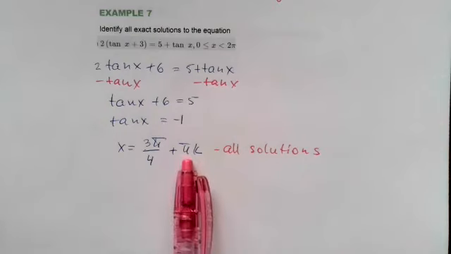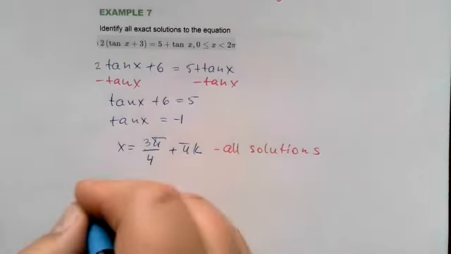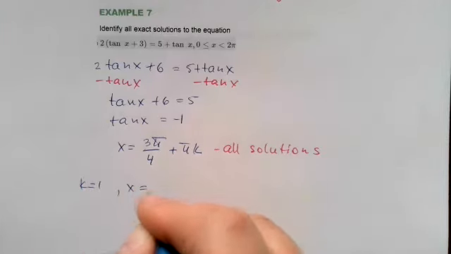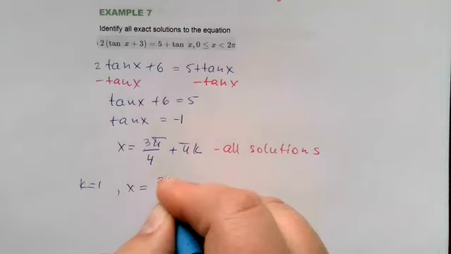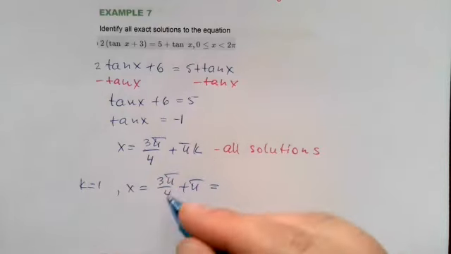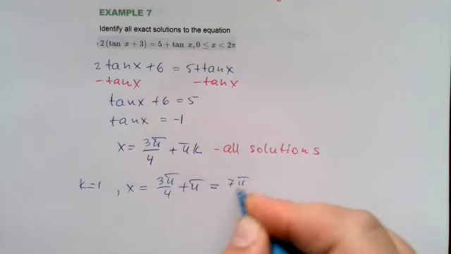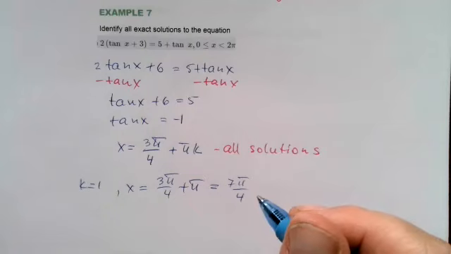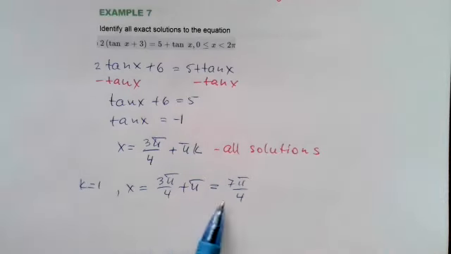Let's add one more pi. So when k equals 1, we're going to have x is 3 pi over 4 plus pi. And that will give us 7 pi over 4. So that's another solution. Okay, if we add another pi on top when k equals 2, let's try it.